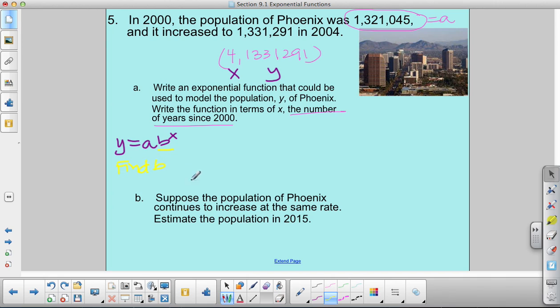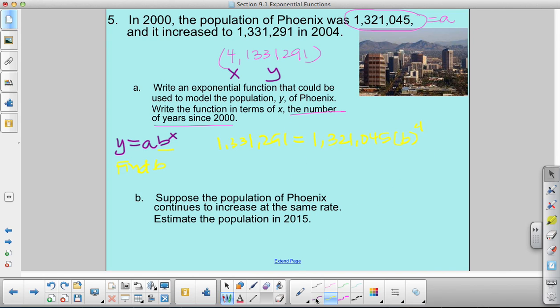So I'm going to plug in everything that I know. I know what Y is: 1,331,291 is equal to my A, 1,321,045, times my B, which I don't know, to the X, and X is 4. So I need to solve this equation.